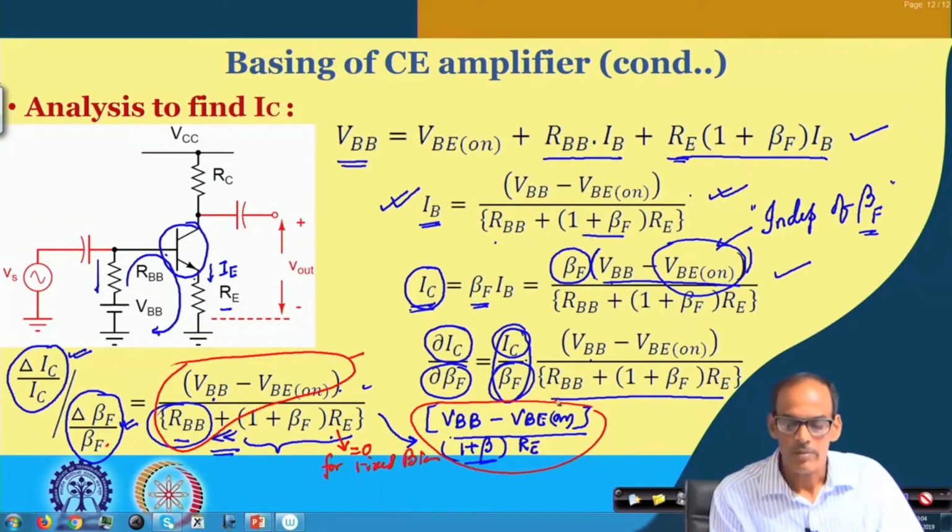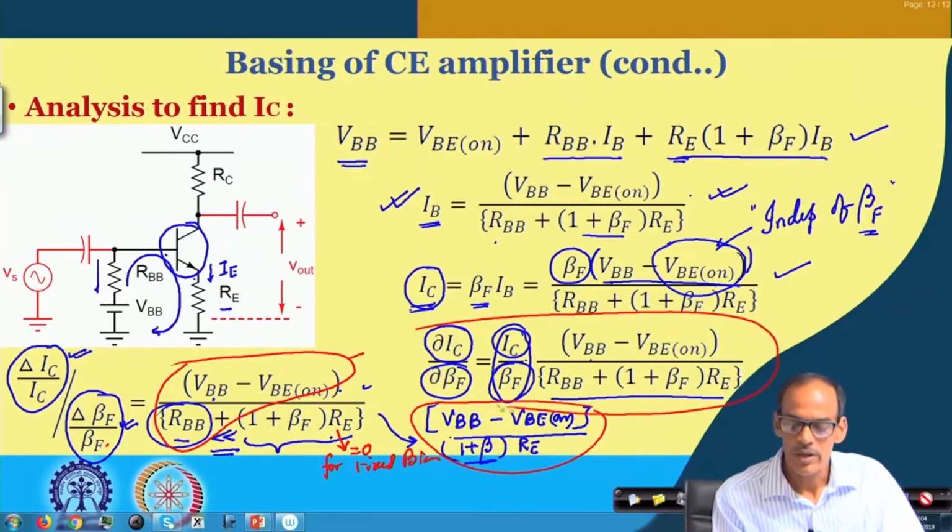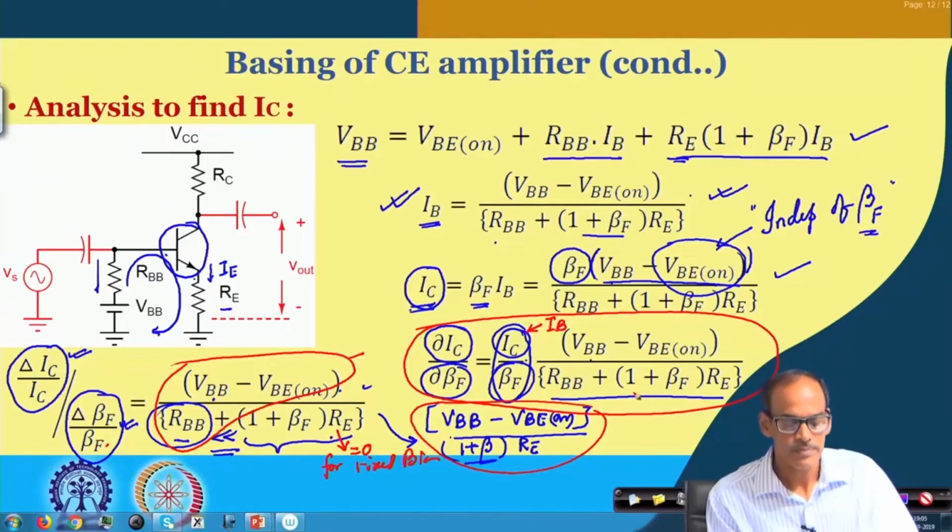So, directly maybe you can use this equation and compare the two circuits. We can replace this part by IB, and then we can say that it has strong dependency on beta f.